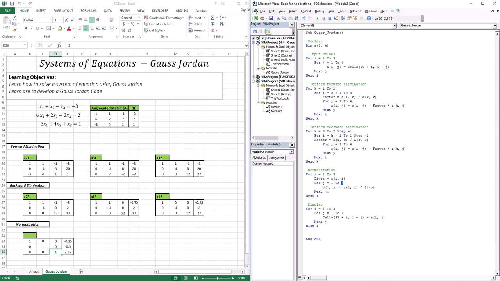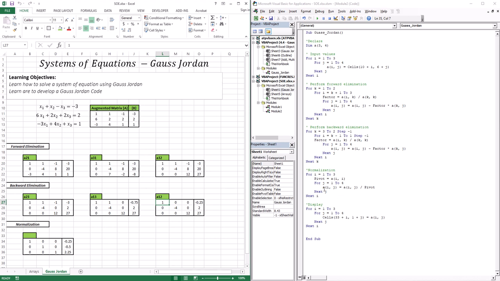Before we get into the columns loop, we have to define the pivot. So the pivot is going to be Aii. So for i equal to 1, the pivot is going to be A11, which is basically this value here. Then we're going to go in here. We're going to say that A11 is equal to A11 divided by A11.